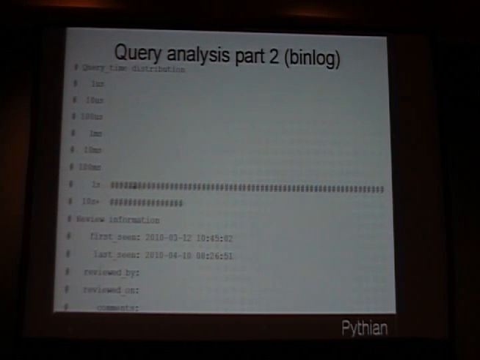So here's the same query part 2 for the binary log. And if you see here, this query analysis time distribution actually filled in. This is what it looks like. You kind of get this railroad track, a sidebar graph to see what's the distribution. So you can see pretty much a lot of the time it was 1 second or less, or rather on the order of magnitude of 1 second, right? It wasn't on the order of magnitude of 100 milliseconds.